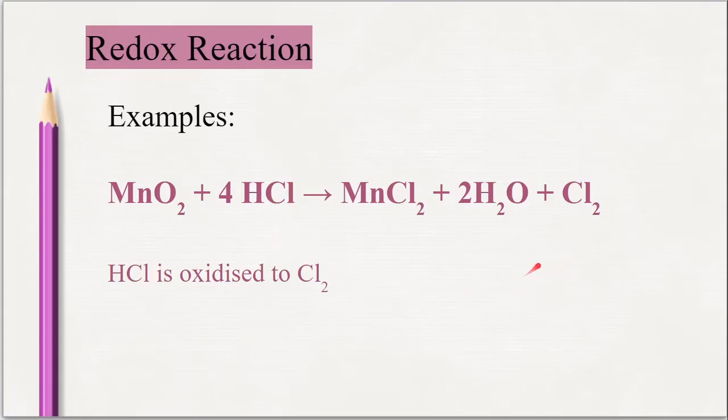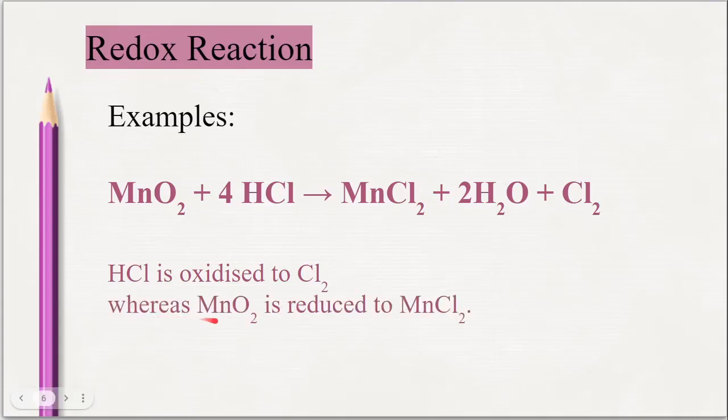What can you observe from this HCl to Cl2? Removal of hydrogen. Now what process will happen when hydrogen is removed, which is oxidation, whereas MnO2 is reduced to MnCl2. Here MnO2 is reduced to MnCl2. It means removal of oxygen.